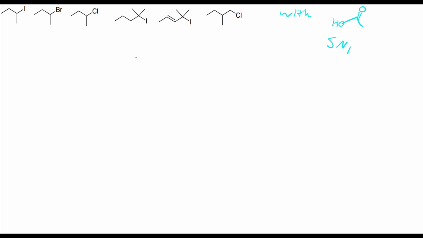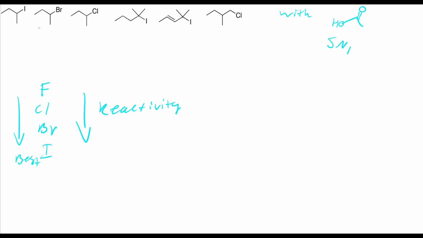Well, again, reactivity, it goes down like this. And so over here, you're going to have reactivity. So the iodine is going to be the best one, right? So for sure, I'm going to ignore bromine, chlorine, and another chlorine. I'm going to be focusing on iodine first, okay?